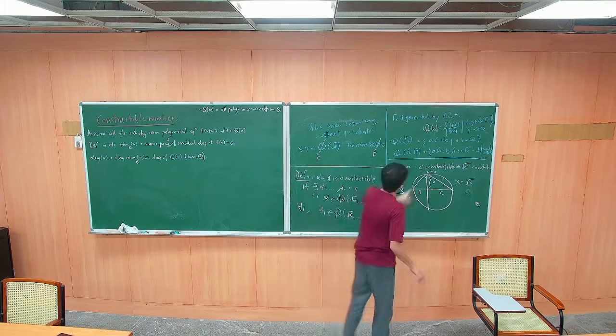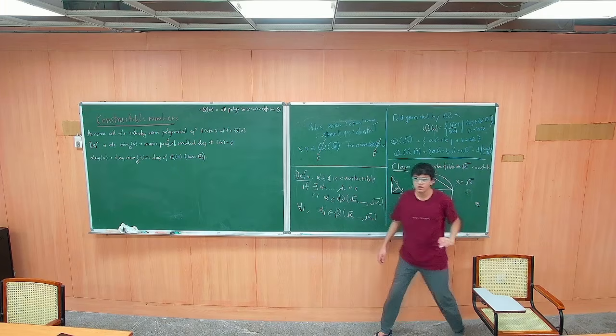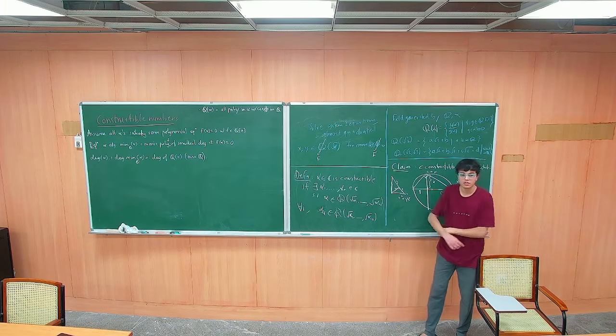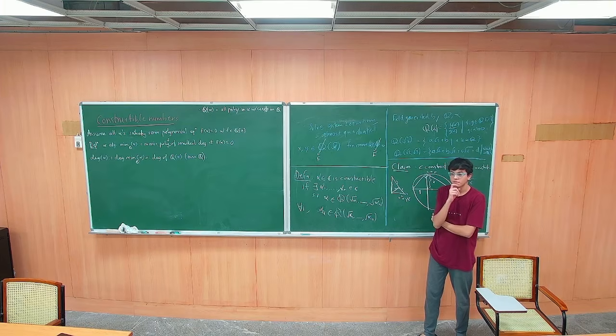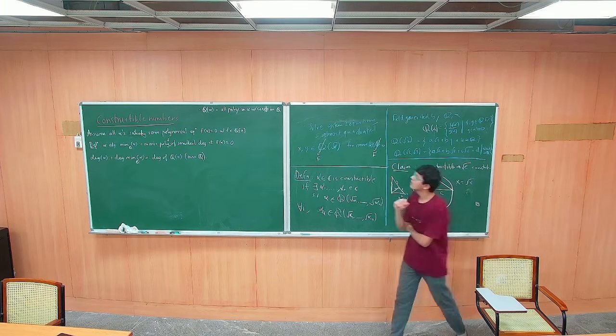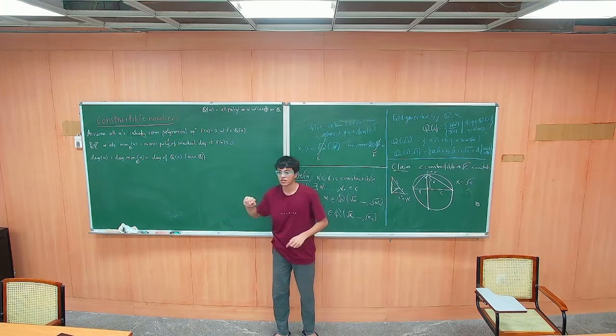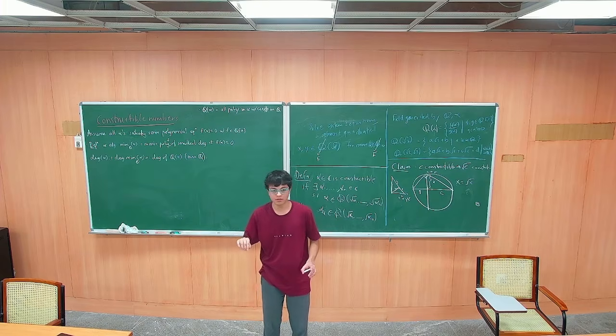How does this differ from this? With coefficients in Q. Modding out by the, sorry, you are modding out by the minimal polynomial.